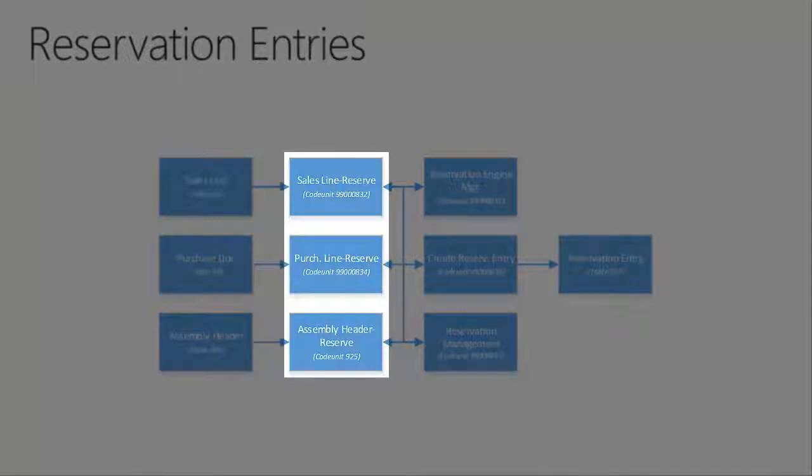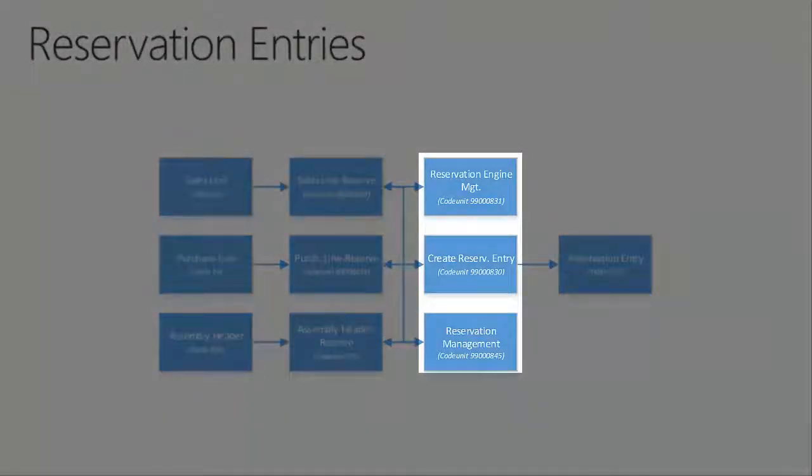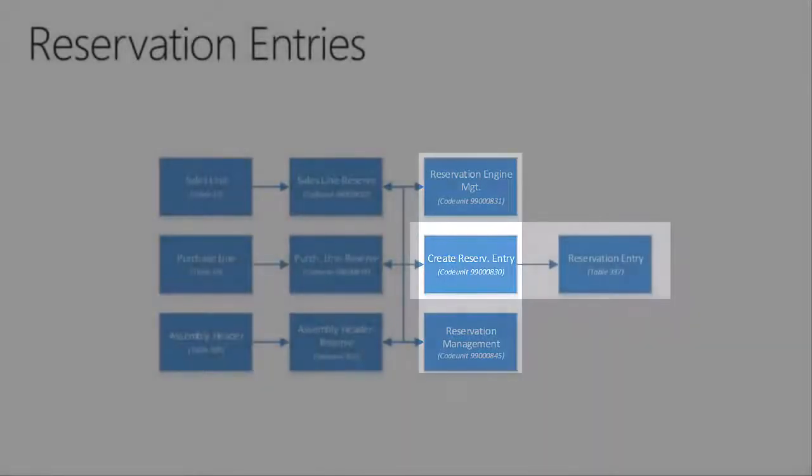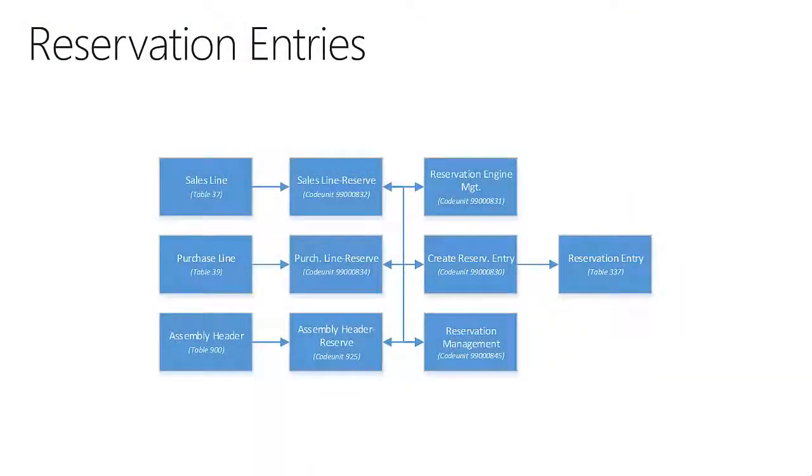There are 14 of these codeunits in Dynamics NAV, and if you want to add reservations to your own add-on, you should create one for yourself. These codeunits then call into reservation management and reservation engine management, that then calls a generic routine that generates the data. Reservation entries cannot be modified or deleted by users like in relationship management, but they are changed and deleted by the engine codeunits without traceability.